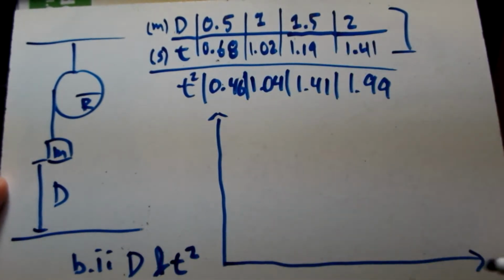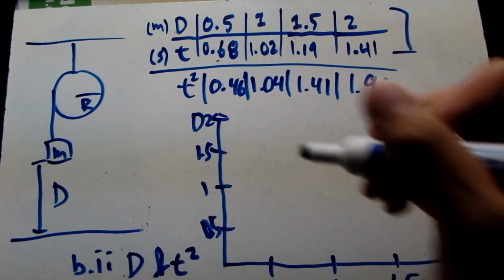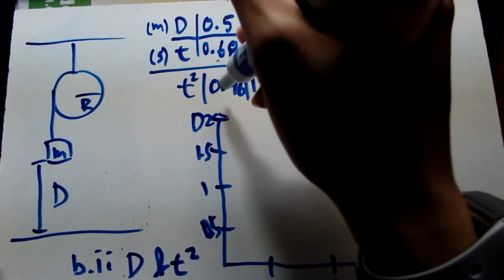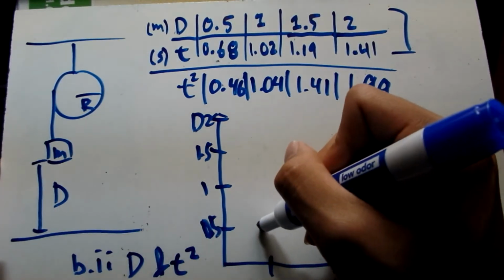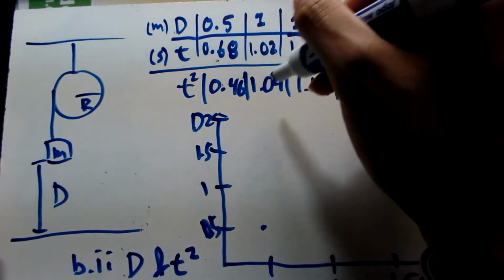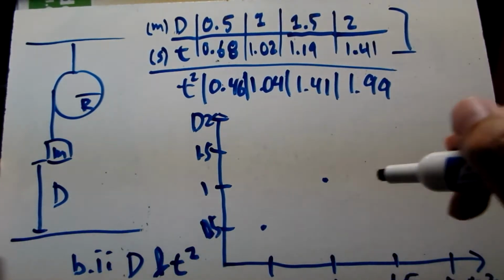On the x-axis we would have t squared, and on the y-axis we would have d. Our first point will be 0.46, 0.5, right around here. Our second point will be 1.04, 1. That'll be right here.